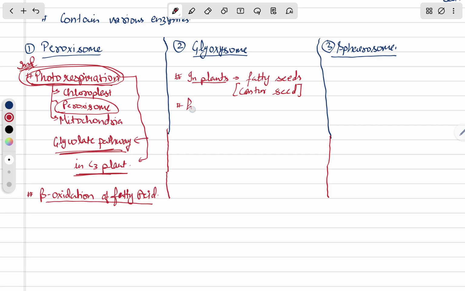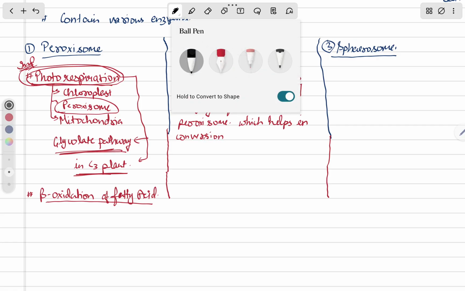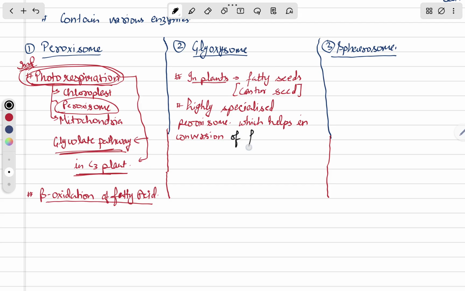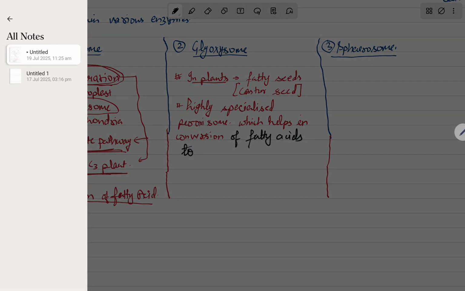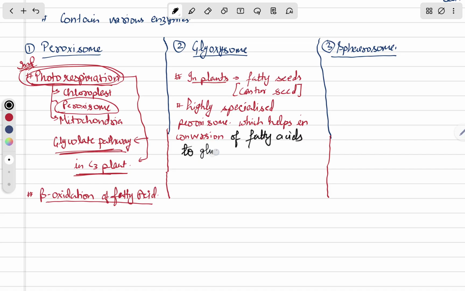Glyoxysome is basically a highly specialized peroxisome which helps in conversion of fatty acids to glucose at the time of seed germination.